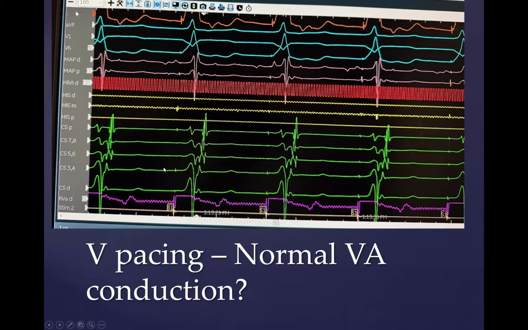There is no analogous structure on the right side. If you have a right lateral or posterior pathway, there is no analogous catheter position for anything beyond the septum on the right side. So by definition, you sort of have to map everywhere on the right side until you find the right place to put the catheter.